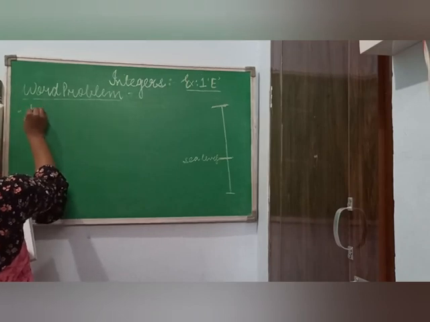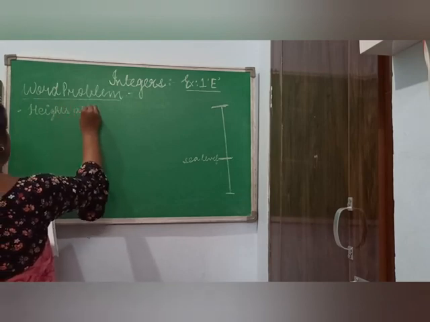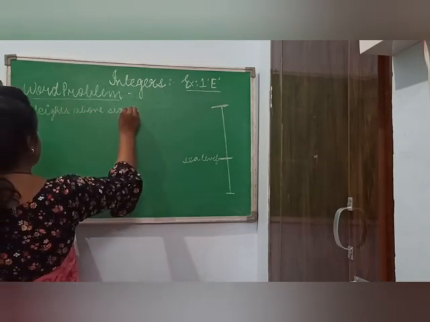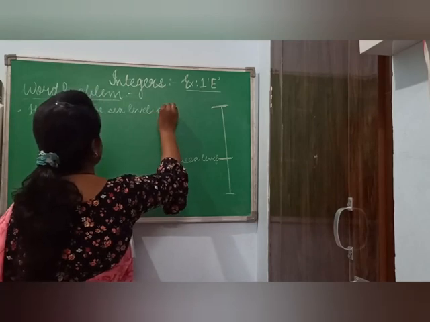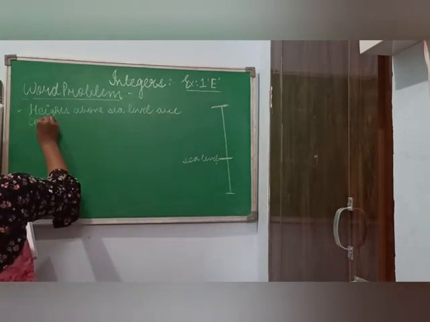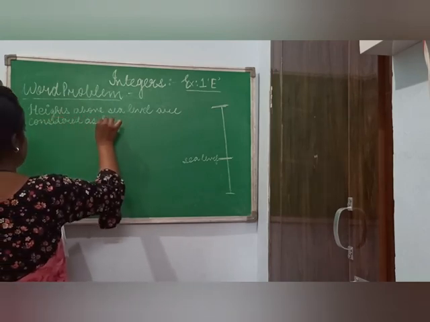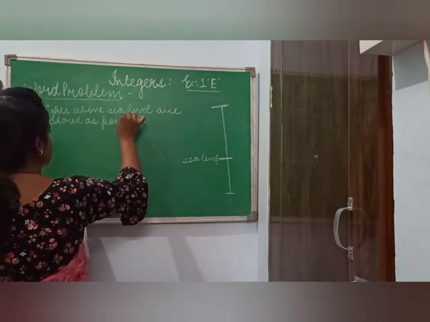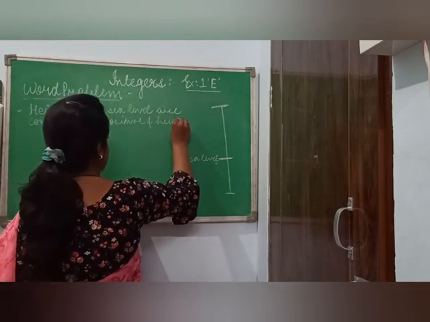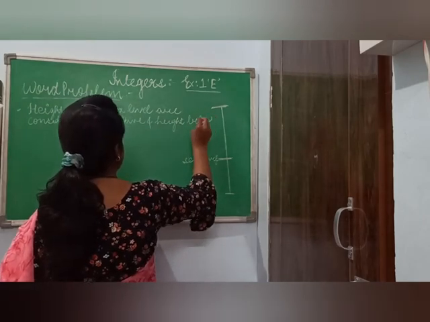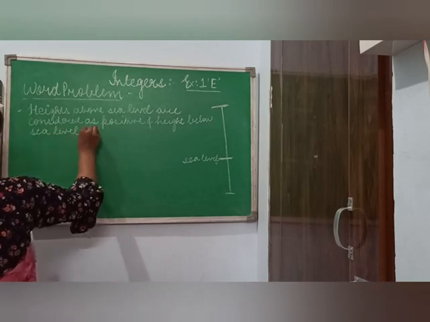See, heights above sea level are considered as positive. And height below sea level is negative.